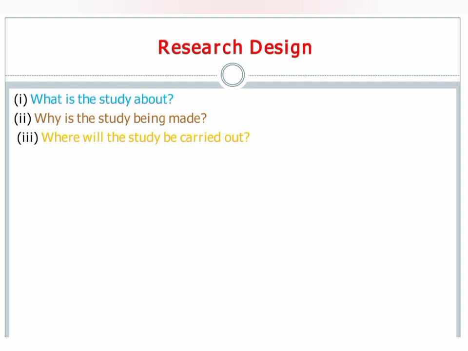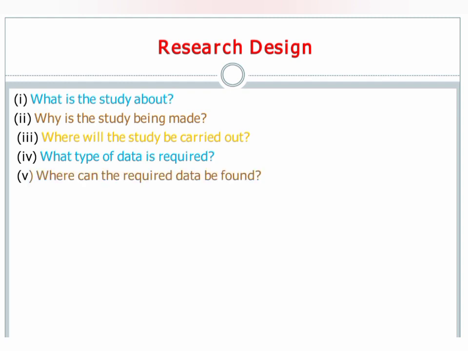Where we are performing the research study, whether it is inside the lab or outside. What type of data is required? Whether we are using the primary data or secondary data. Where can the required data be found? Where are we going to find the details? Is the data readily available or do we have to search for the data?